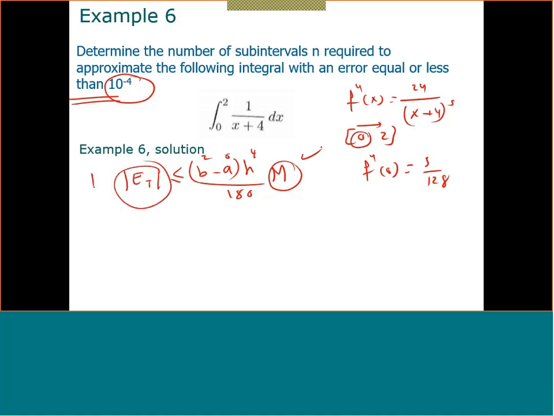So the only thing that I need to find is h, actually. And we know that the error is 10 to the minus 4. So from this, h, which is equal to 2 over n, will be less than or equal to 2 divided by 5, fourth root of 15. And from this, you can find n is equal to or more than 4 segments only.